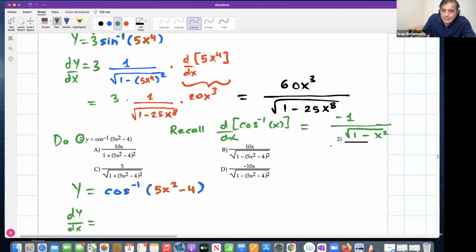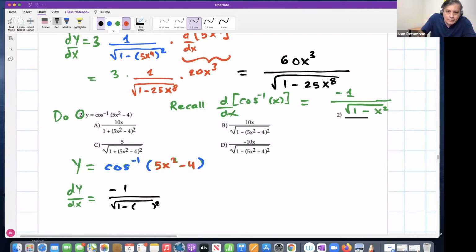The derivative of this is minus 1 over the square root of 1 minus something squared. That something is this inside function, 5x to the 2nd power minus 4, times the derivative of your inside function.